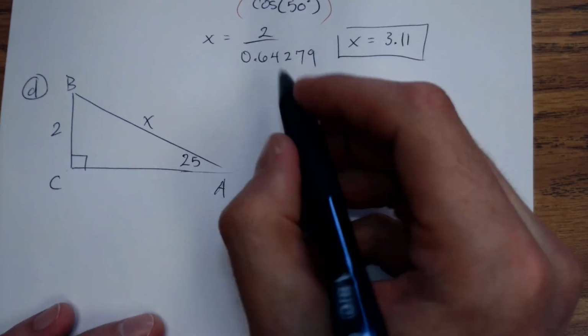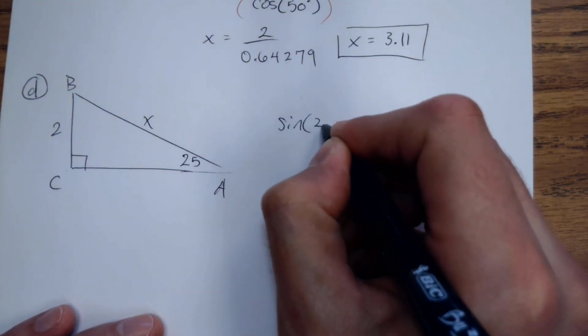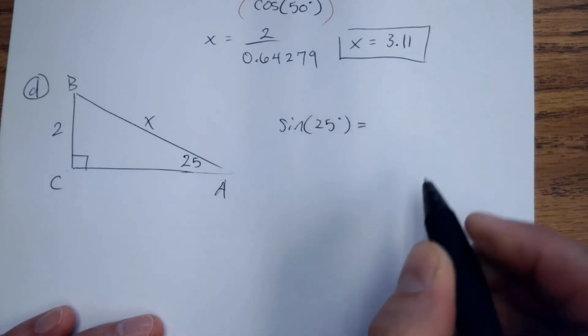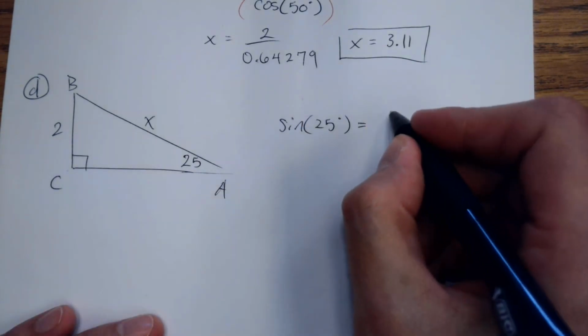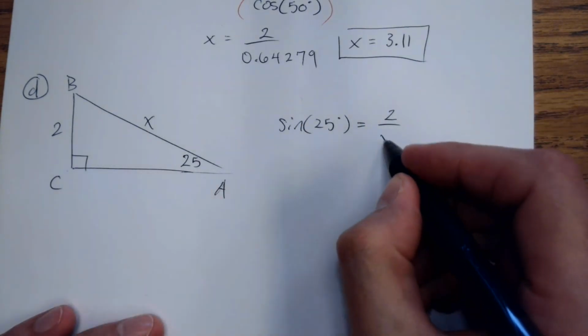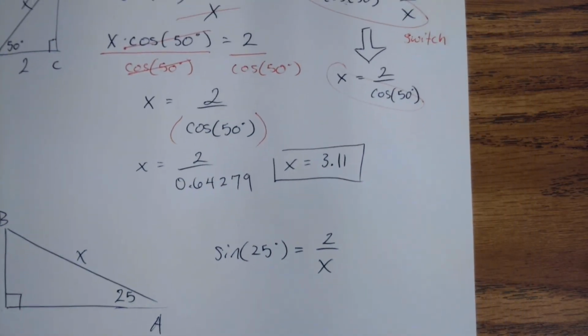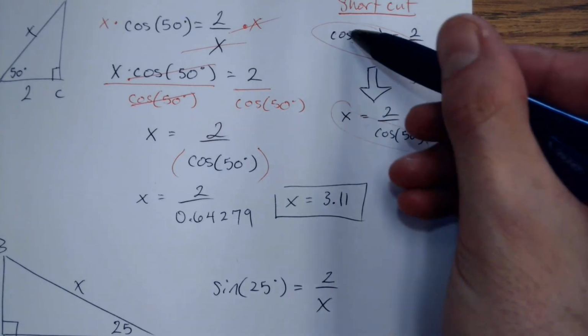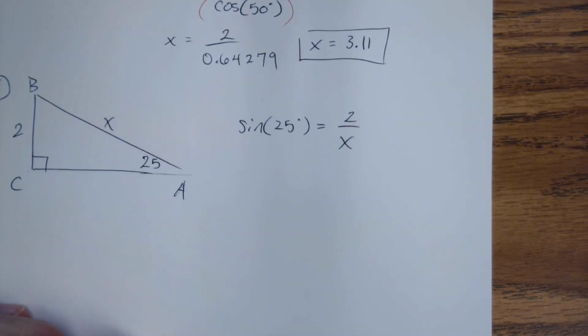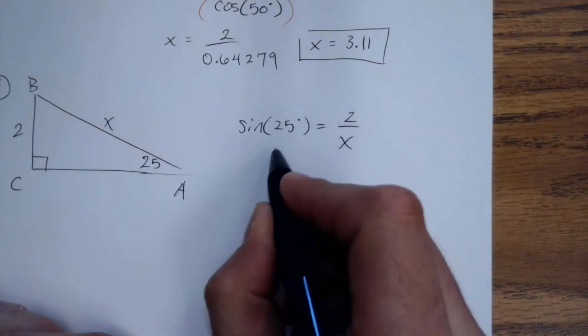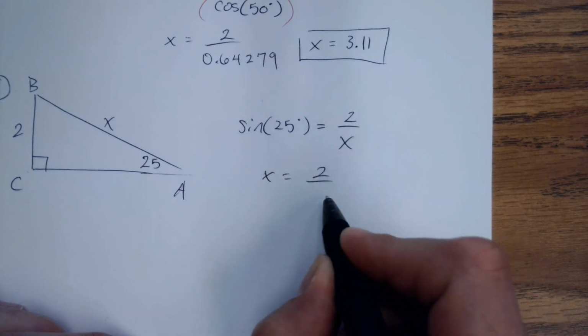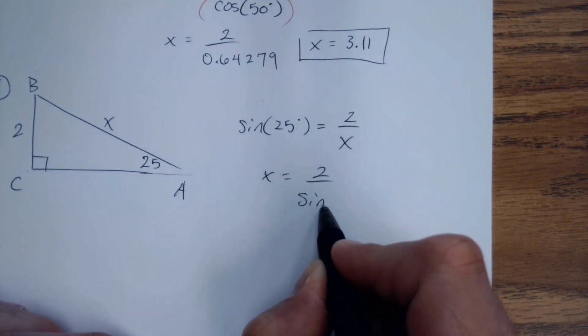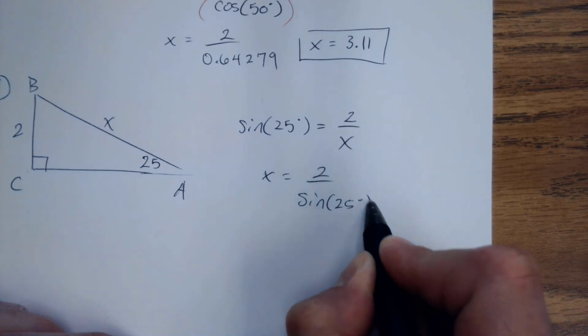So we're going to use sine of 25 degrees equals the opposite, 2, over the hypotenuse, x. And then we're going to use this shortcut. Anytime we have x on the bottom, we're just going to switch those two. So then I'd have x equals 2 over sine of 25 degrees.